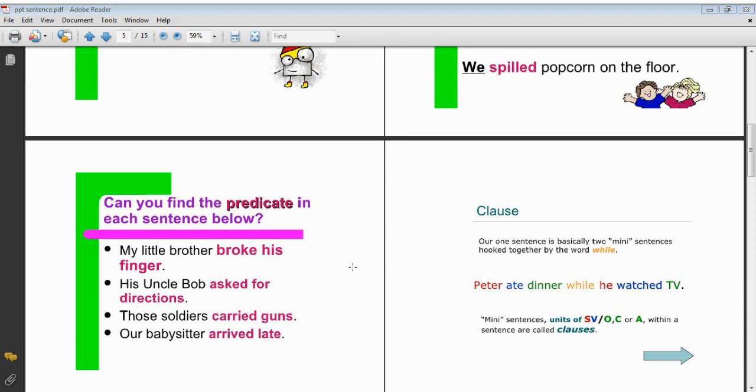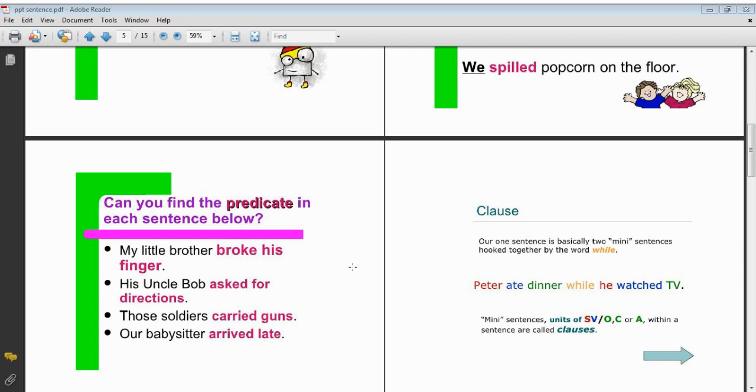It means that these two mini sentences, Peter ate dinner and he watched TV, have been hooked together with the help of a conjunction, that is "while".